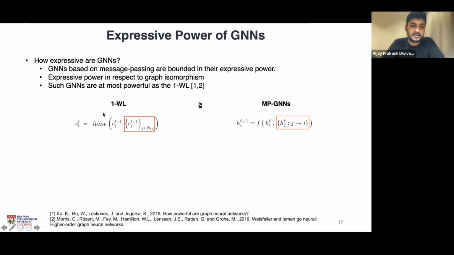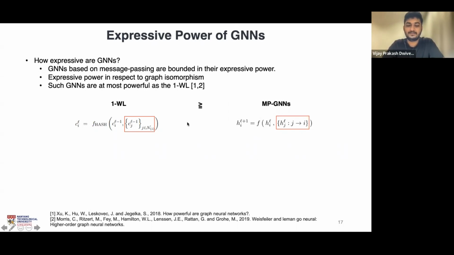In the 1WL, f becomes an injective hash function, because for each different combination of Ci and the multiset of Cj, it gave a different color output. In message passing GNNs, we don't know the nature of f so far. We know that it's a function which consists of parameters and aggregation, so we don't know whether it's injective or not.